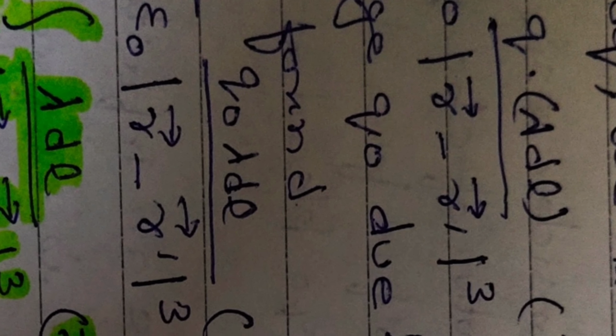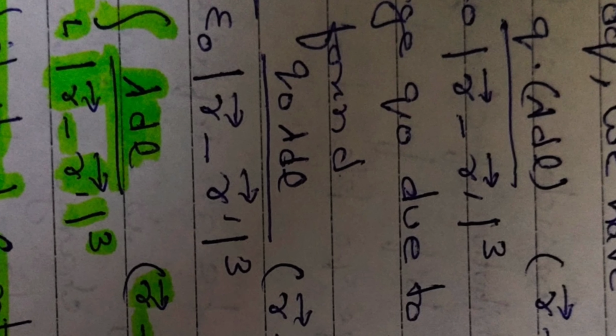Or F equals 1 by 4 pi epsilon naught integral over L of lambda dl divided by mod of r minus r dash cubed, times r minus r dash. Here is the equation. So number 1 is the result.